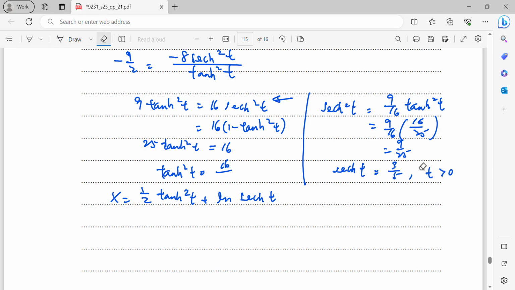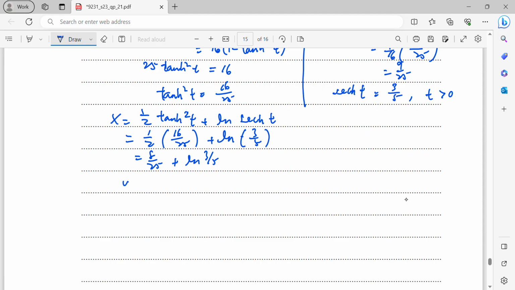Okay, so from here, I will replace the values. It will be half bracket 16 over 25 plus ln 3 over 5. Therefore, I will get 8 over 25 plus ln 3 over 5. There's my x coordinate. And then my y coordinate will be 1 plus tangent to the power 4 t. Therefore, it is 1 plus 16 over 25 to the power 4.